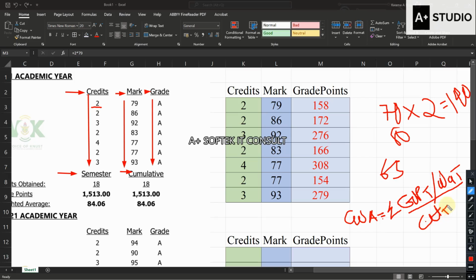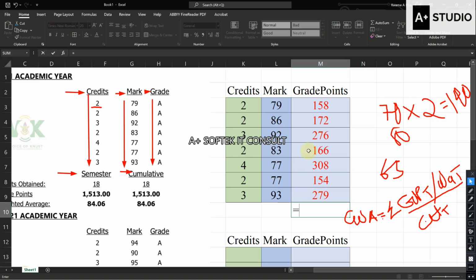Let's see how this one goes. Let's put this one in here. So let's find out the sum of all of the weighted averages. As we said, it is the grade point total, or weighted total. This is just addition, the sum of all of these. If we add all of these, we'll be getting this.